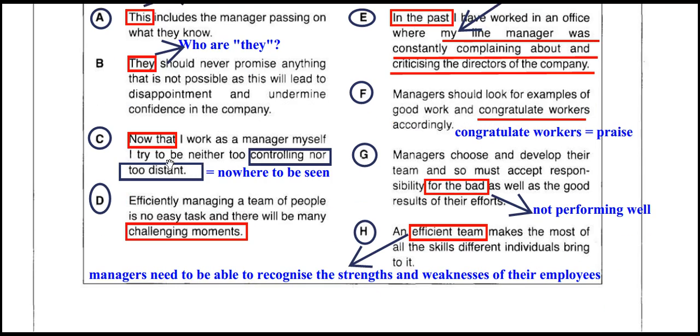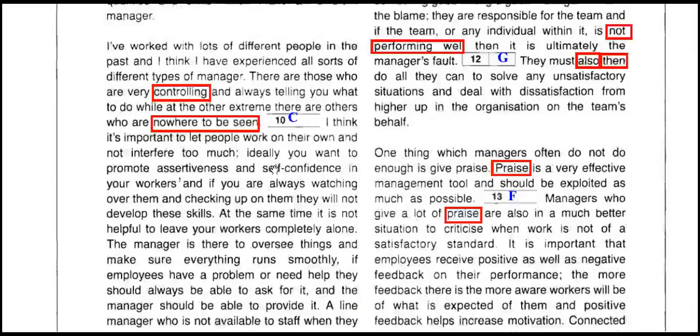Then we have this one, right? Know that I work as a manager myself. I try not to be neither too controlling nor too distant. So this links with another one that we have here, which is in C. Nowhere to be seen. For example, there are those who are very controlling.